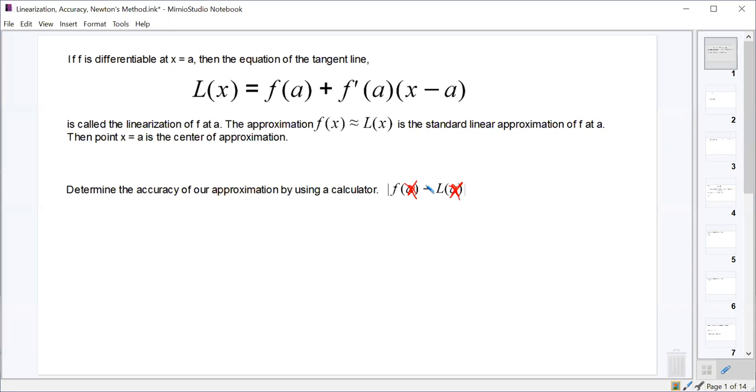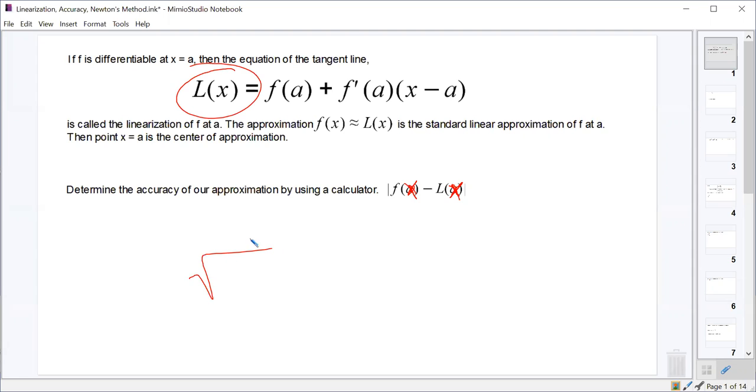So we want to be able to do these accuracy calculations as well. So our linearization function is just f of a plus f prime of a times x minus a, where a is what we call the center of approximation.